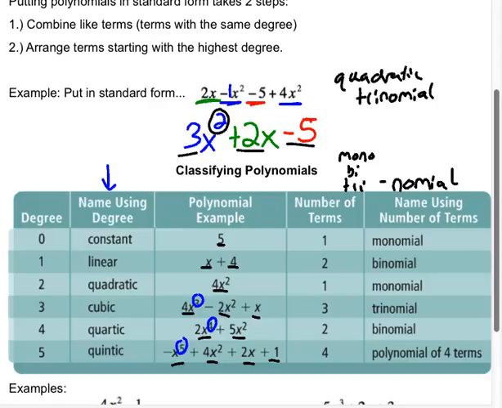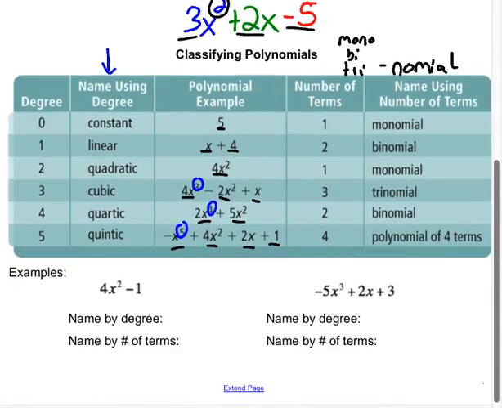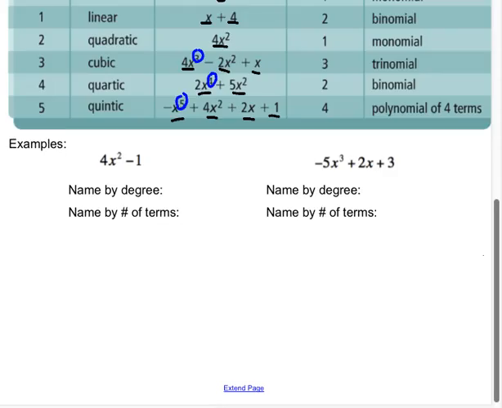Okay, so again, the table is not difficult, and you've seen the majority of these terms before. It is reacquainting ourselves with these ideas as we go. So let's look at these, being able to name these things. To name it by degree, the first thing I look at is obviously the degree.